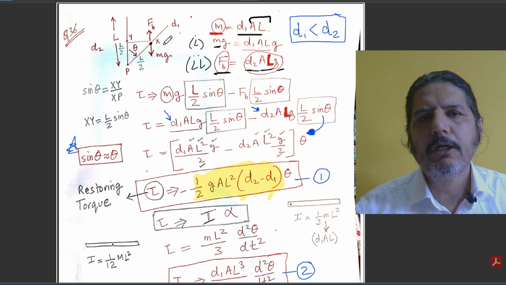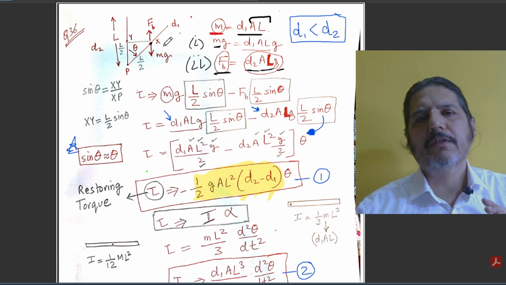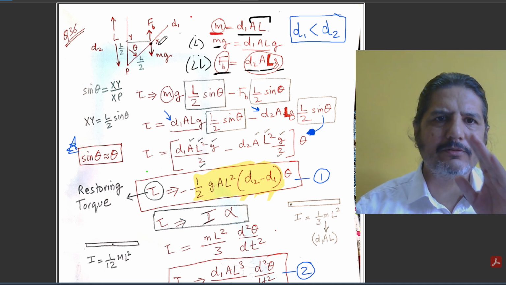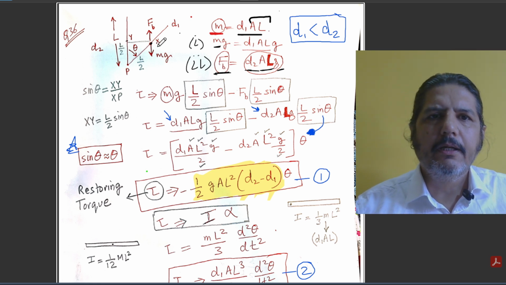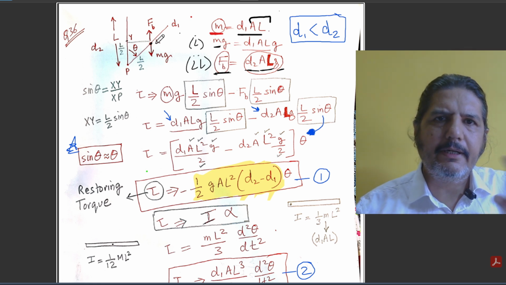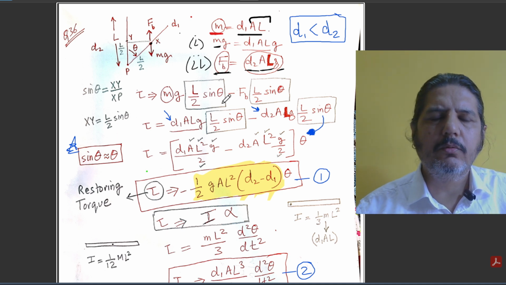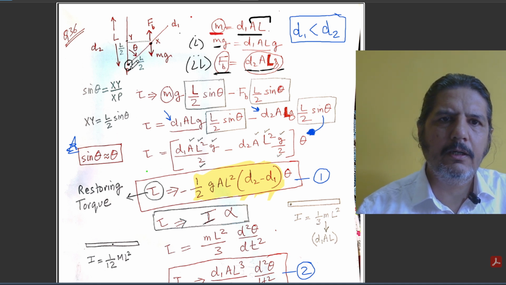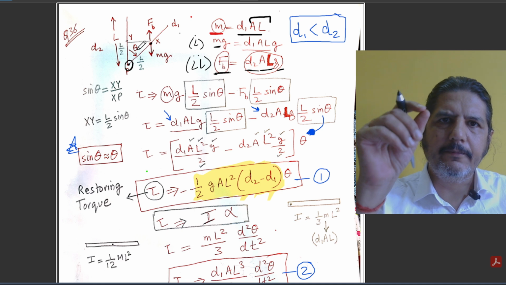These are the only two forces acting on the center of mass of the rod. Now we'll have to look at the geometry of the problem, because we will be calculating the moment of these two forces about the point P.